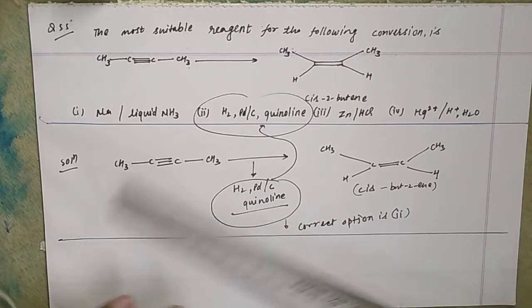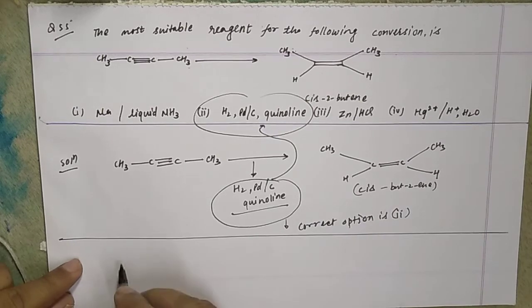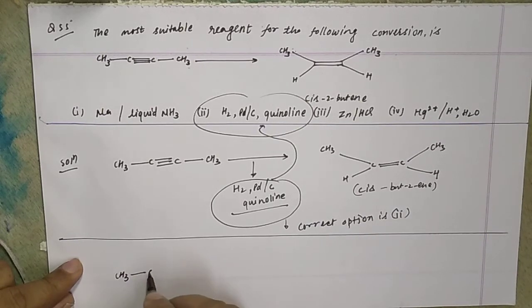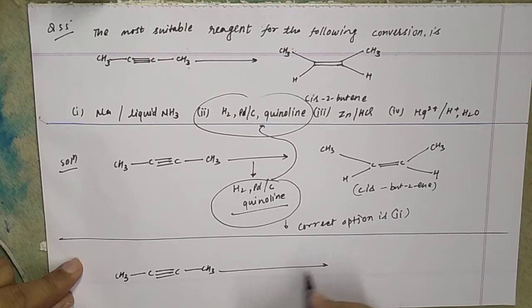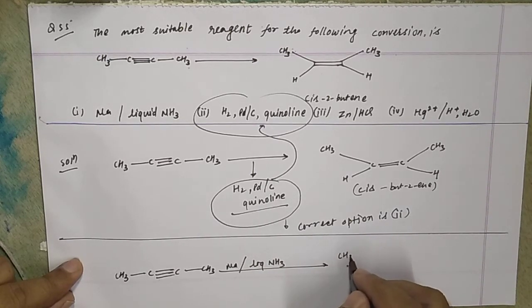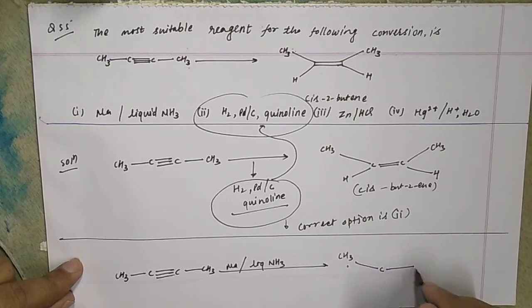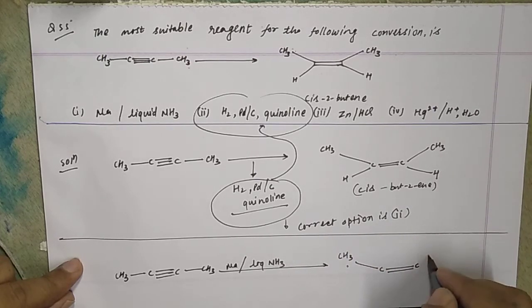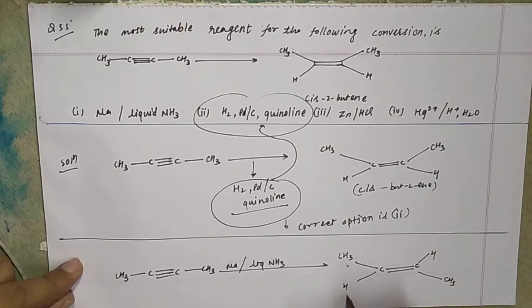Now this answer can be elaborated for other things also. Suppose the same reactant is there, CH3 C triple bond C CH3, and you take the reagent sodium in liquid ammonia. What will it give? It will give CH3, C double bond C, here is H, here is CH3, and here is H, so it will give trans but-2-ene.